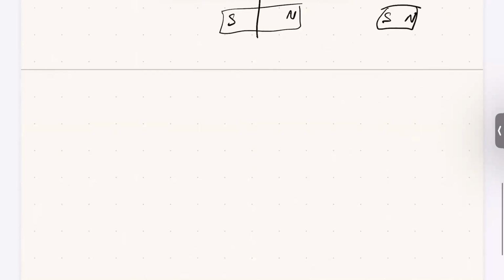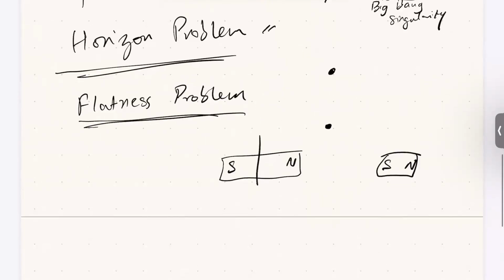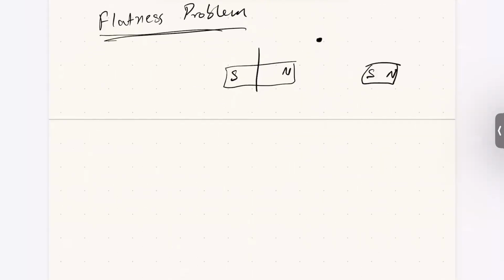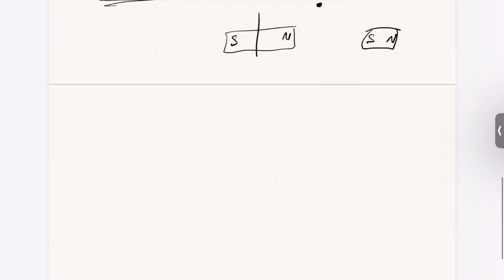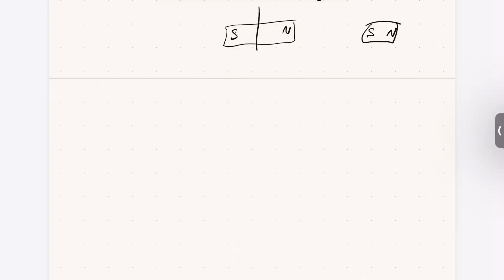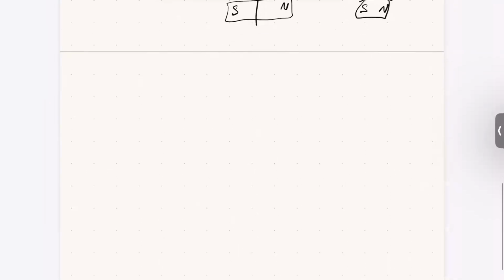So let's revisit the horizon problem now, but more mathematically. For me to explain the horizon problem, I need to define the horizon, right? In cosmology, we have something called the particle horizon, which is denoted by d_h, a function of the conformal time, and it is given by the following expression.